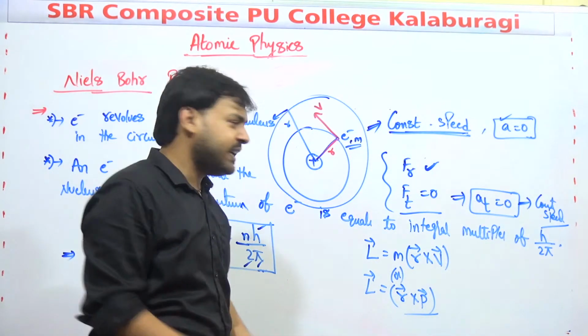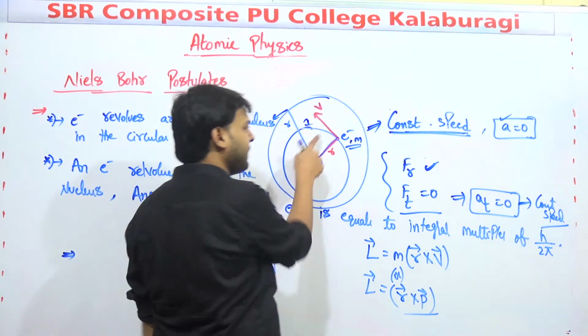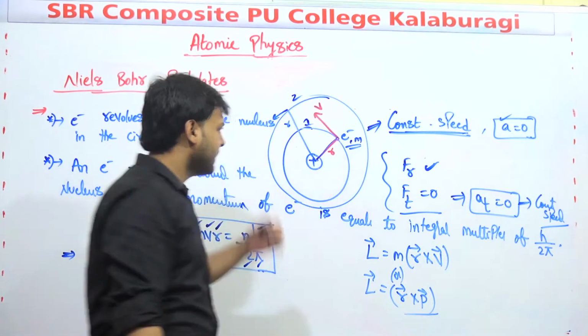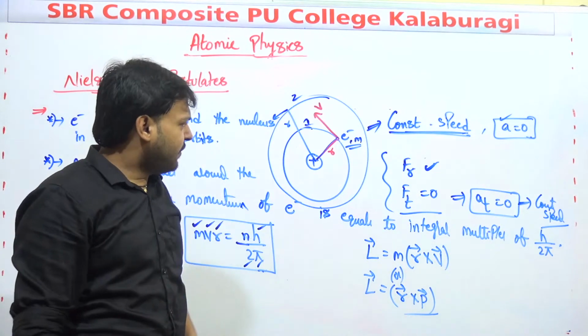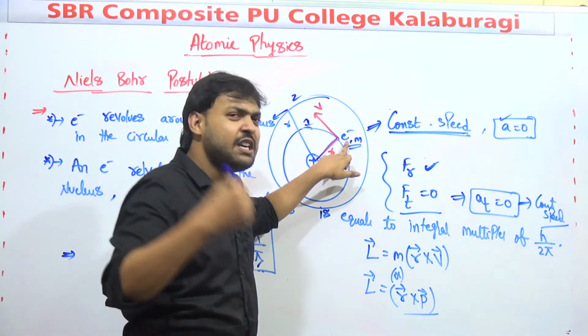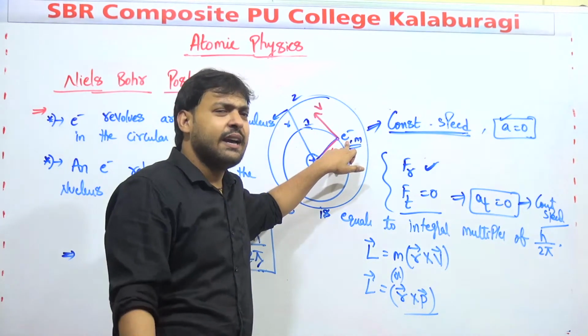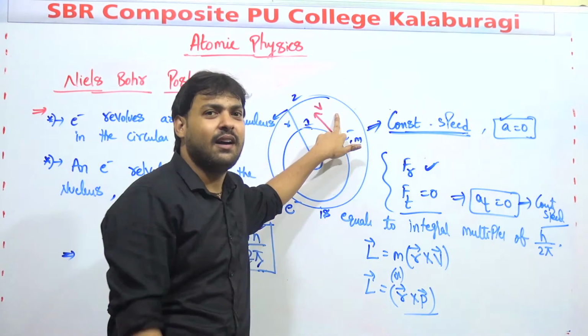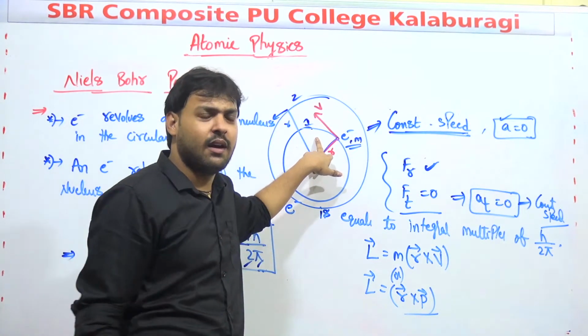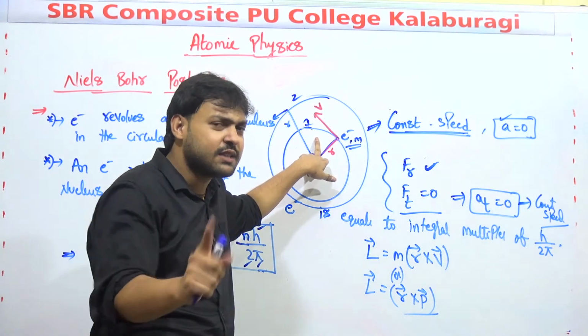But what he thought is, okay, this is the first orbit, this is the second orbit. Now, for many years he tried to understand why the electron shouldn't rotate in a 1.5 orbit, and why it won't rotate in a 0.5 orbit. Try to understand this point, important.